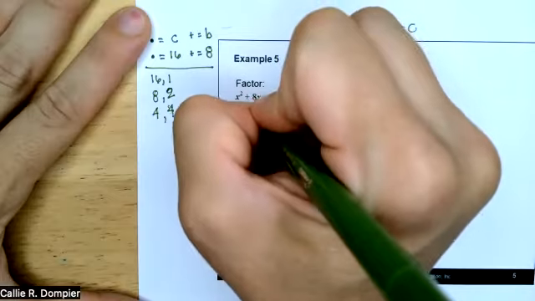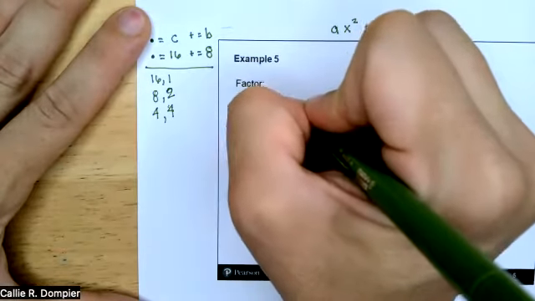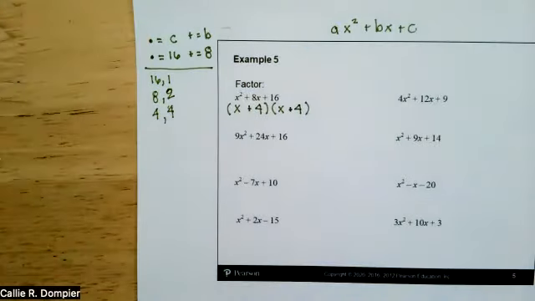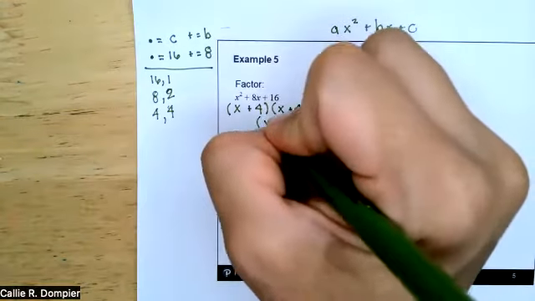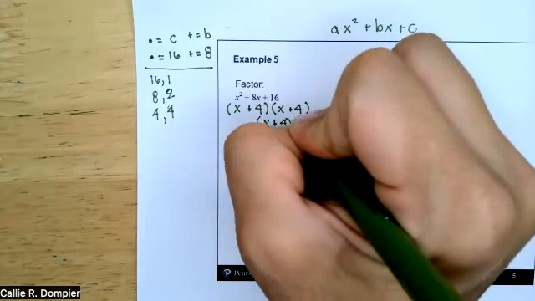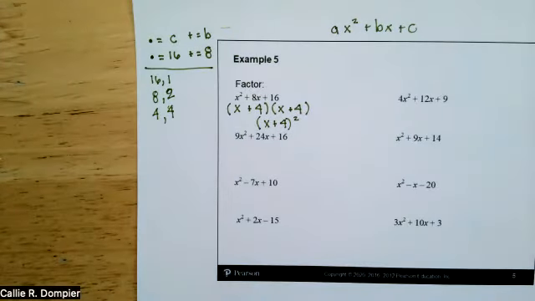So those are the numbers you choose when factoring x squared plus 8x plus 16. You can also call that x plus 4 squared.